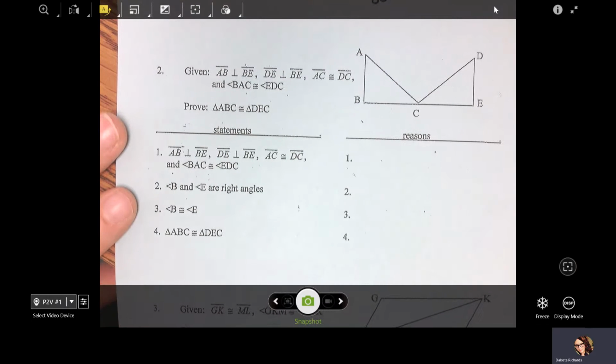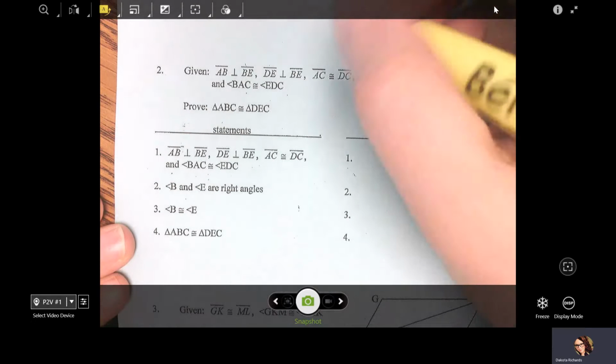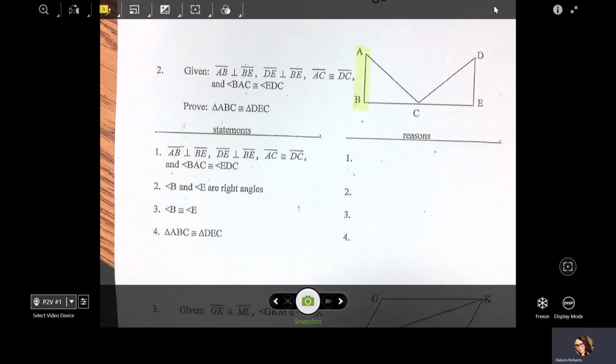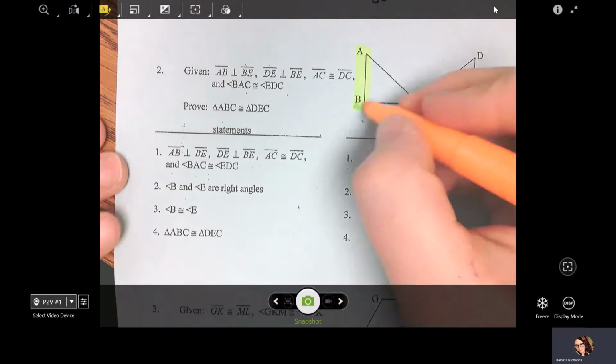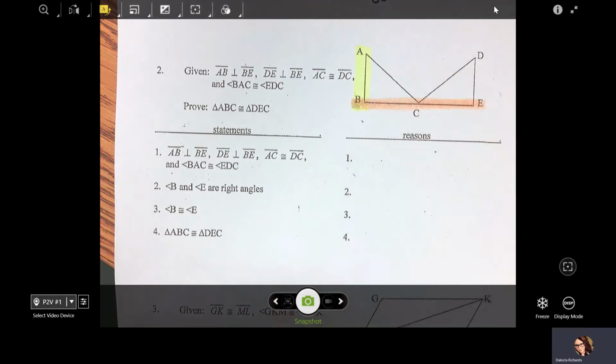So I'm going to get a little highlighter to show you. AB is perpendicular to BE. BE is this entire bottom segment. And DE is also perpendicular to BE.